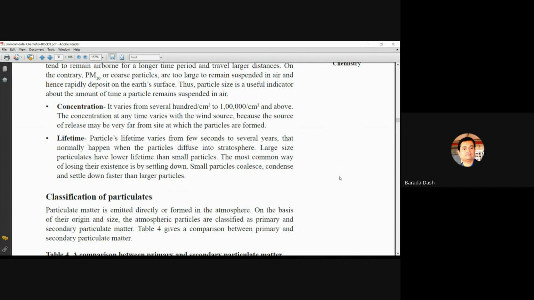The concentration at any time varies with wind and source, because the sources of release may be very far from the site at which the particles are formed. Particle lifetime varies from a few seconds to several years, so a particle can be short-lived or long-lived.